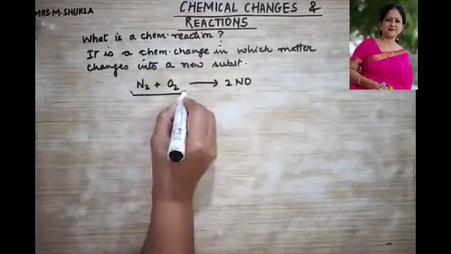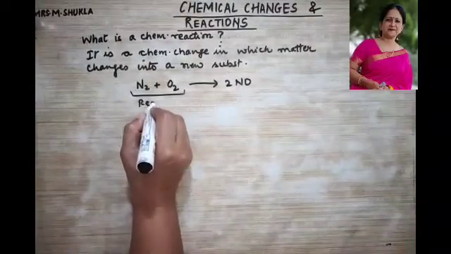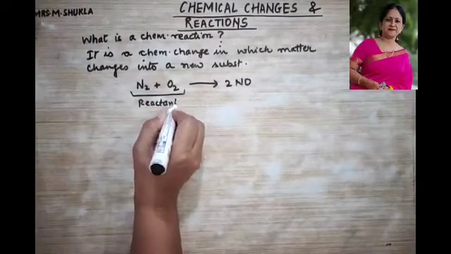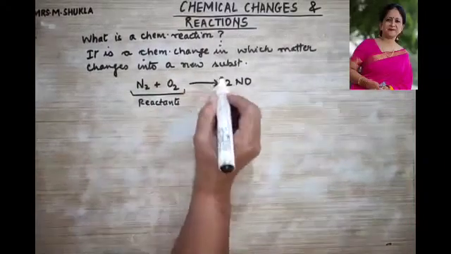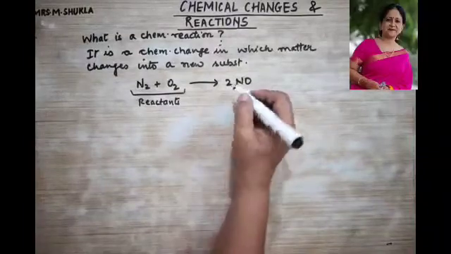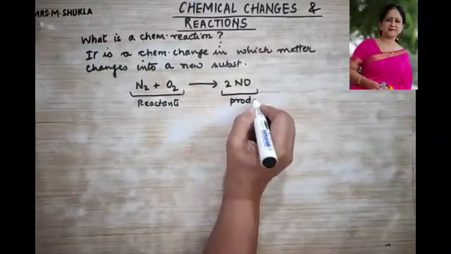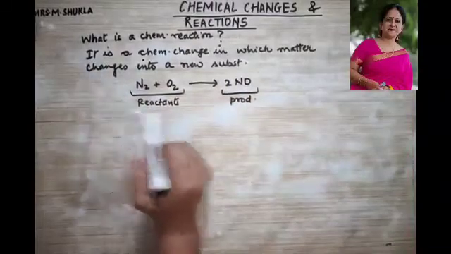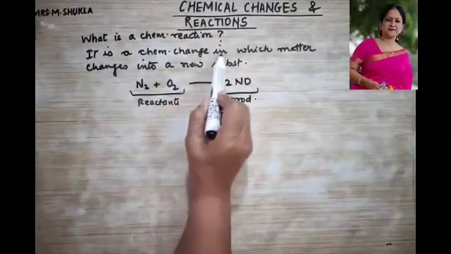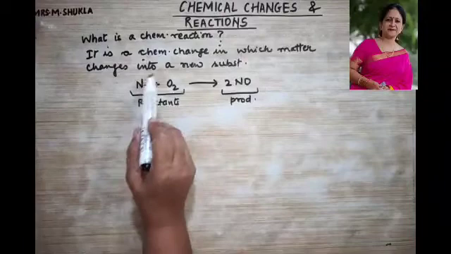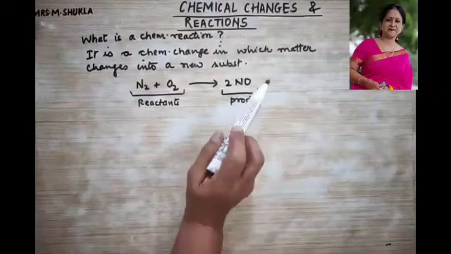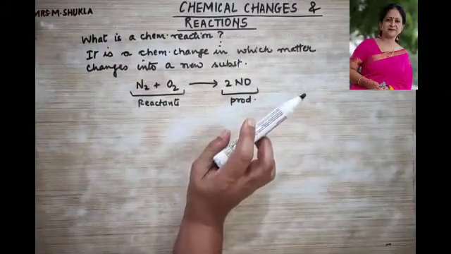So these are called the reactants. The arrow shows in which direction the reaction proceeds, and this is the product. Okay? So this is a chemical reaction. It is a chemical change in which matter changes into a new substance.